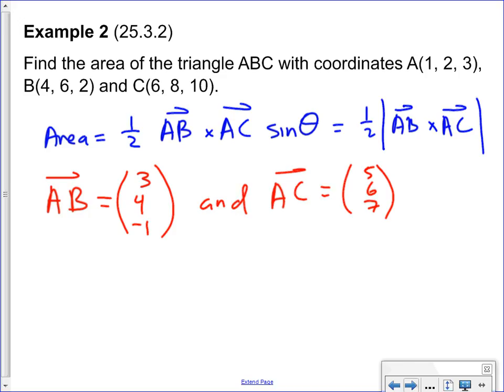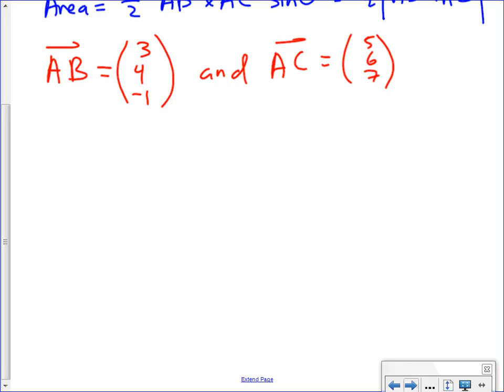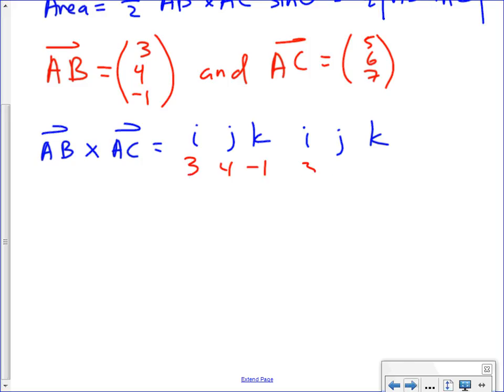So taking the cross product of AB and AC, again with i, j, k, we've got 3, 4, -1 and 5, 6, 7.